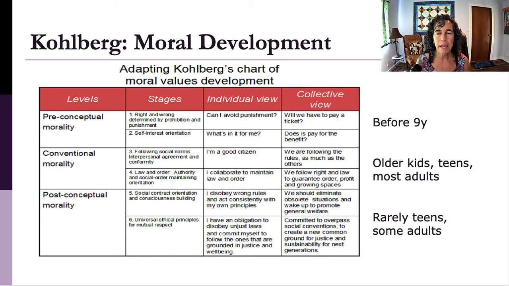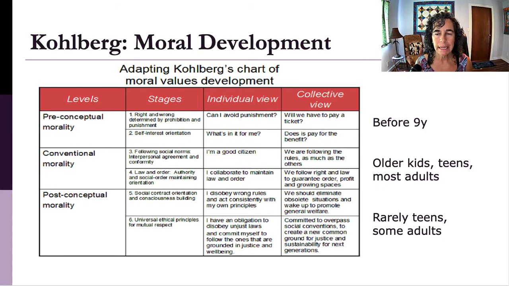And it arises from more internal forces, right? So rather than following the rules or obeying laws, one is acting from an internal sense of what's right or wrong, based on your own integrity and principles.